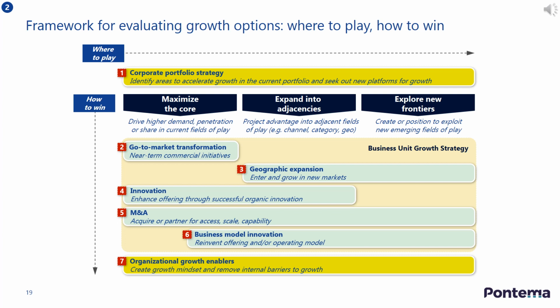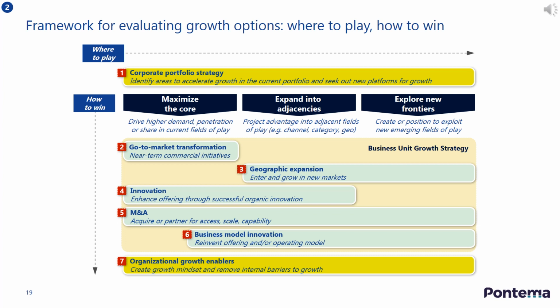Inside the framework are concrete growth opportunities. Firstly, go-to-market transformation. This captures near-term growth by increasing demand, market share, or penetration in current fields of play, for example, by improving customer understanding and marketing. Secondly, by geographic expansion. This is where organizations successfully enter and compete in new geographies.